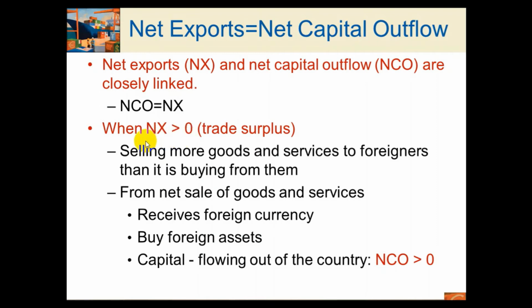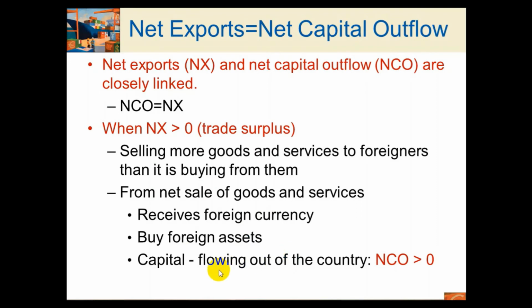For example, when net export is positive, or a nation is running a trade surplus, it means the economy is selling more goods and services to foreigners than it is buying from abroad. In other words, export exceeds import. From the net sale of goods and services, the domestic residents will receive foreign currency, and then they use foreign currency to buy more foreign assets.